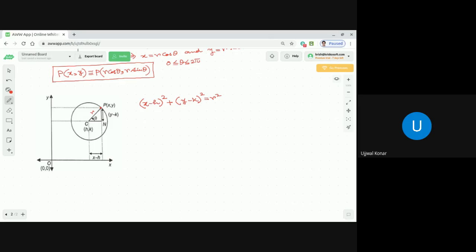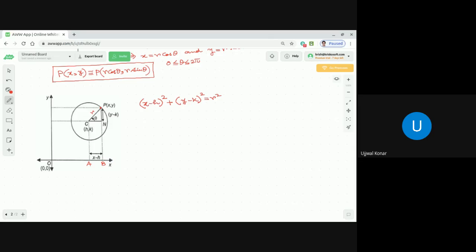Then you see, dear students, that from the center C, if we draw a perpendicular to the x-axis, let me name it as A, and from the arbitrary point P, we draw a perpendicular to the x-axis and we name it as B.